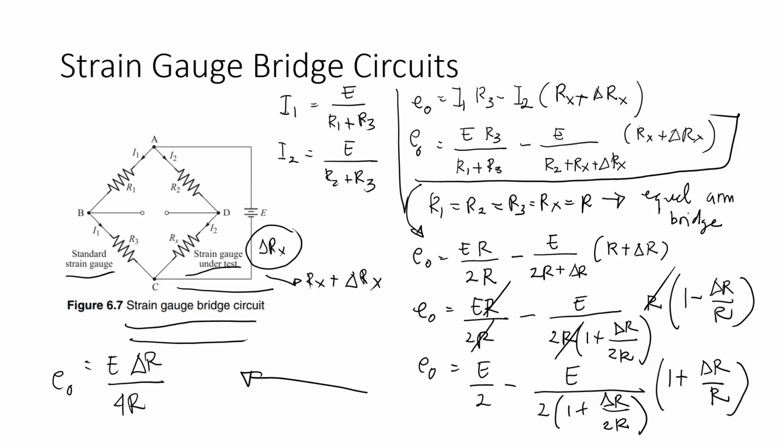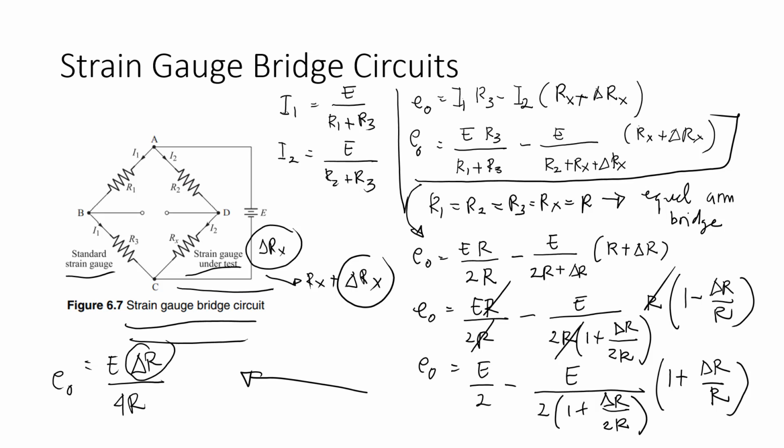From this we can see that if we have the delta Rx, if the parameter is changed by a specific value, then E0 will be changed.